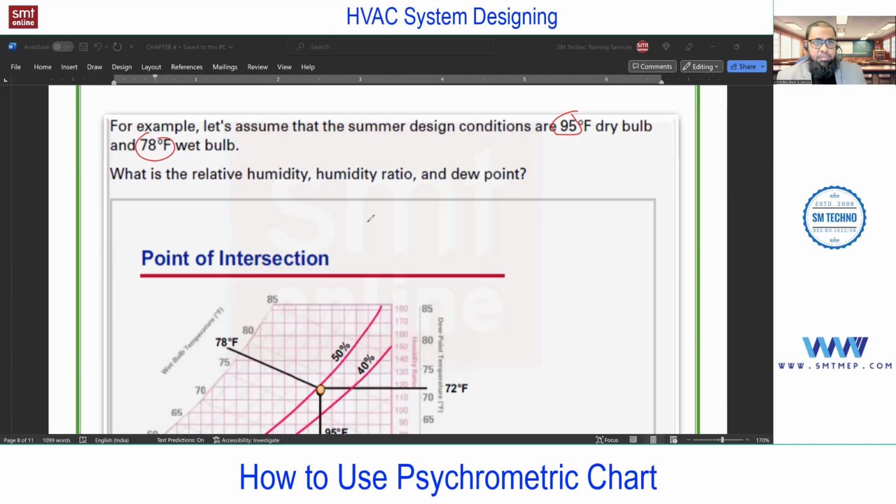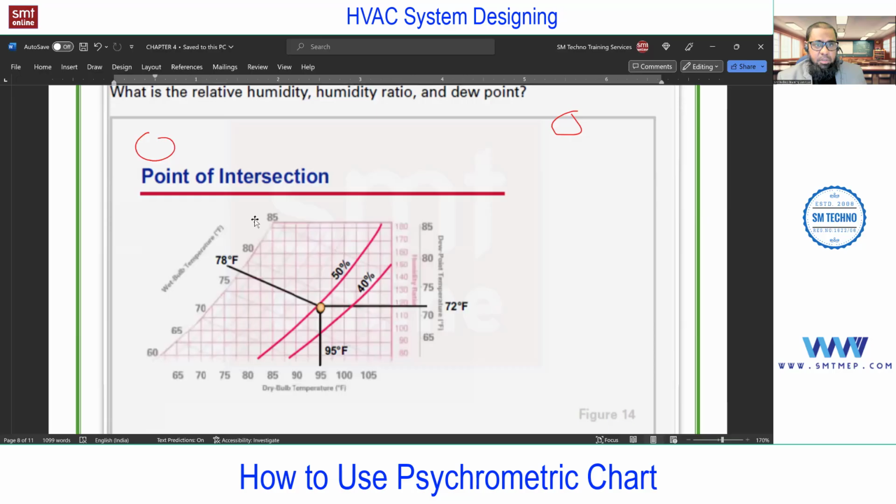Dry bulb is with the vertical lines, no? This is dry bulb, and wet bulb is what? The inclined line. This is 78. If you intersect them, you'll get the point. Once you get the point, if you go in the right direction, this is what? Dew point temperature.